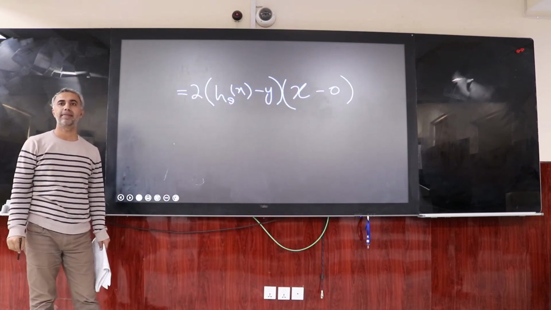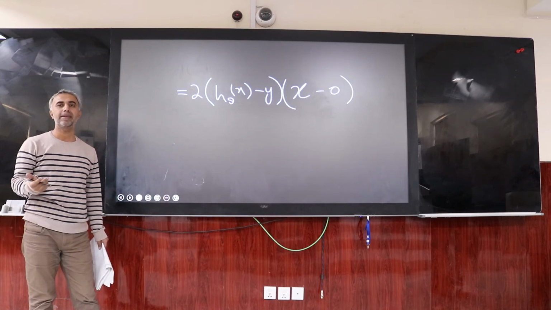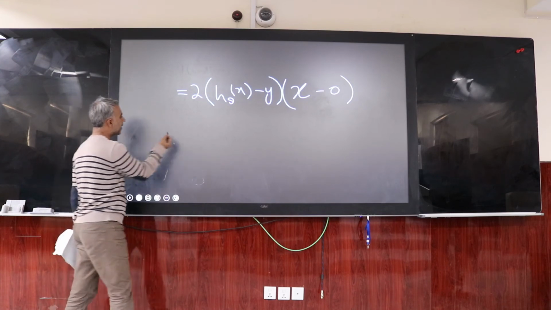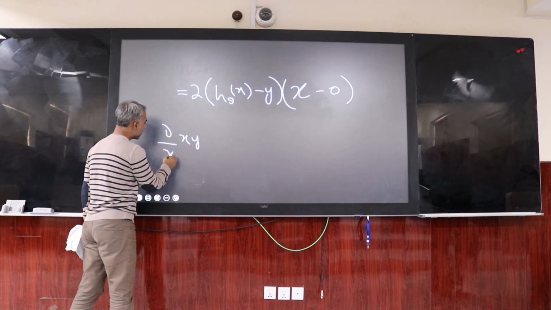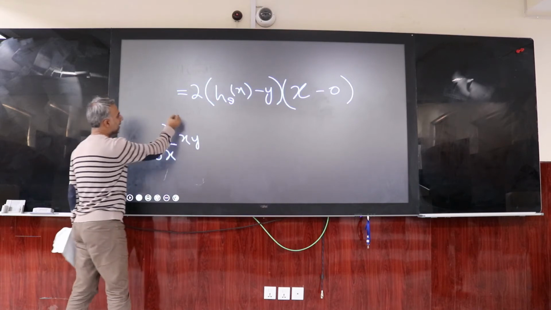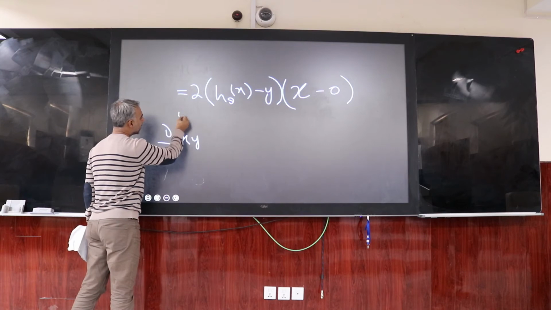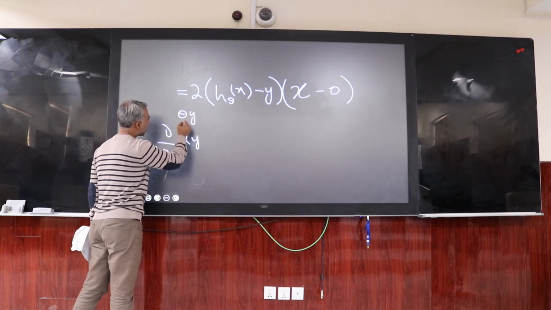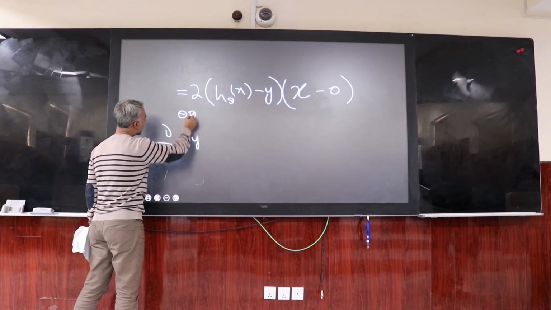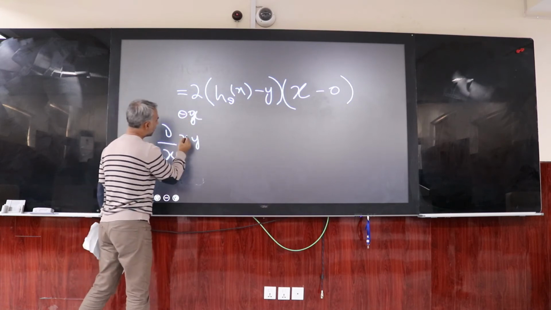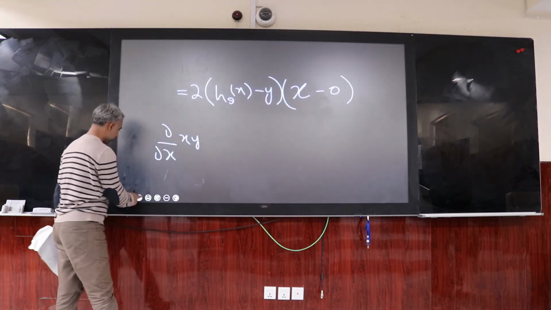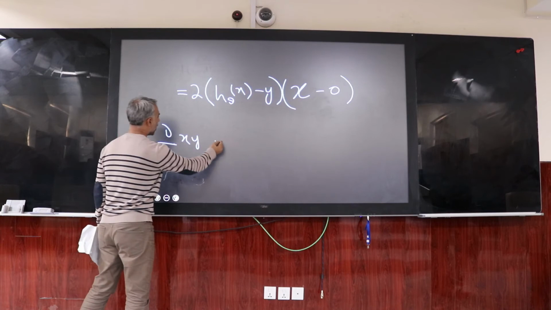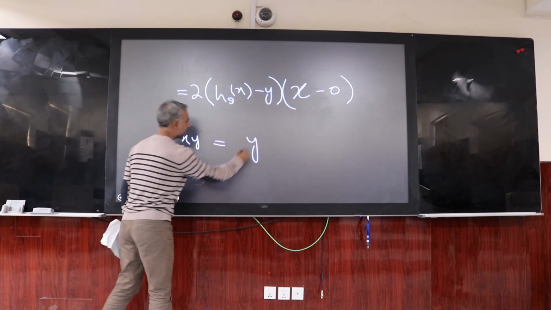Do you know what I did? Understand it or not? Yes. I just considered, see, if there is xy, I want to take the partial derivative of this xy. Here, basically, x is theta. Suppose this one is the y, theta and x. So, I want to illustrate it for you people, but sometimes this is good. So, the answer is what? Y only.